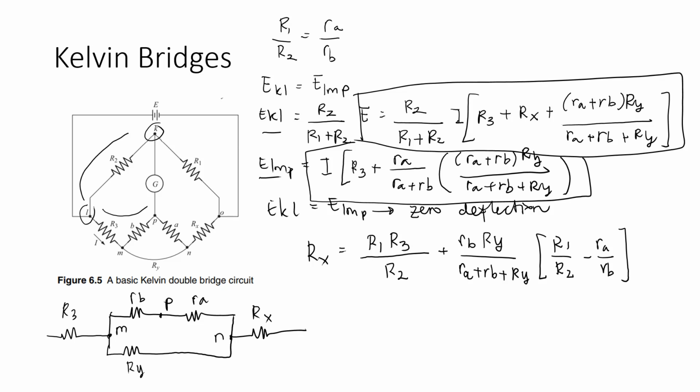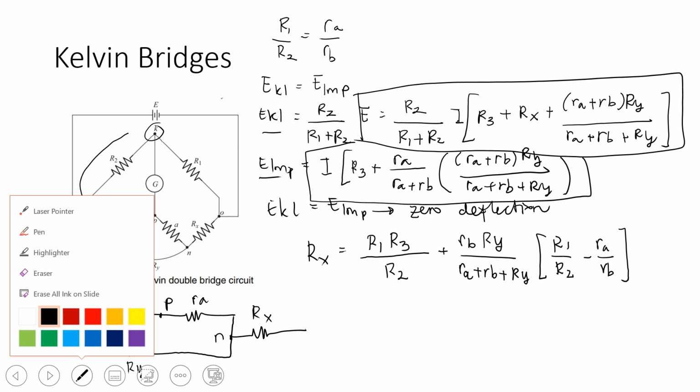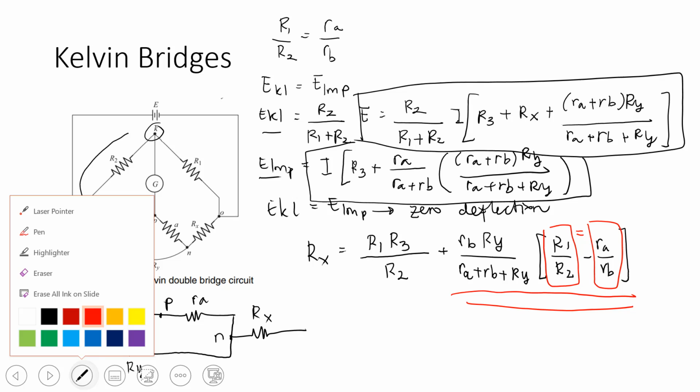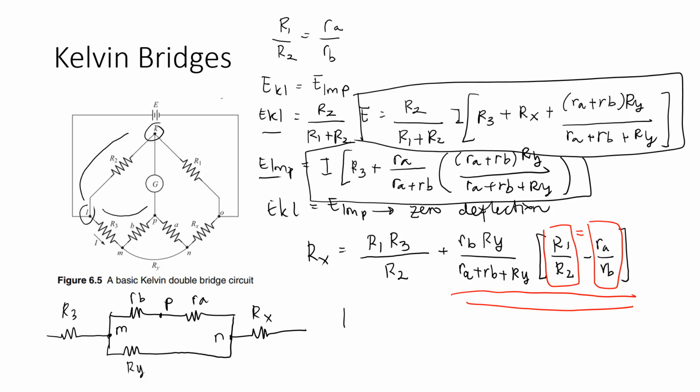And then by choosing that R1 per R2 is equal to Ra per Rb, we can eliminate the second term of these equations. So we can write that Rx is equal to R1 R3 per R2.